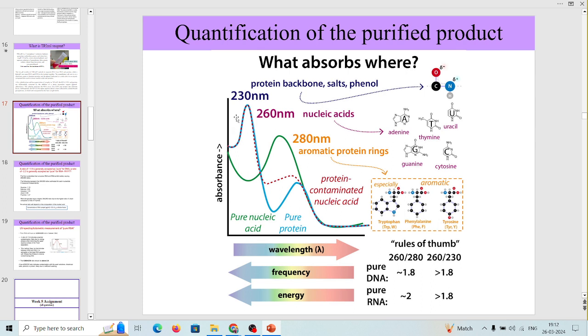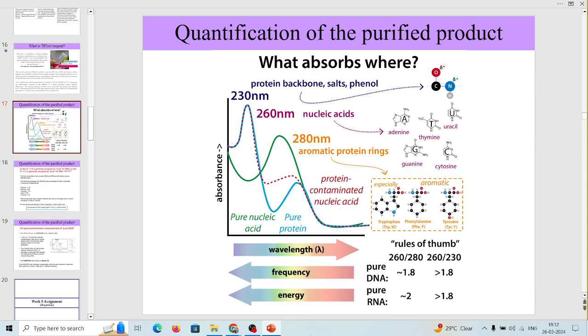But then the salts in the buffer, for example, there is phenol and different salts, they are absorbing at 230 nanometer. Okay, protein backbone also absorbs at 230 nanometer. Then there are aromatic amino acids in the proteins, which are basically absorbing at 280 nanometer. So there is tryptophan, there is phenylalanine, and there is tyrosine, right? So these are absorbing at 280 nanometer.